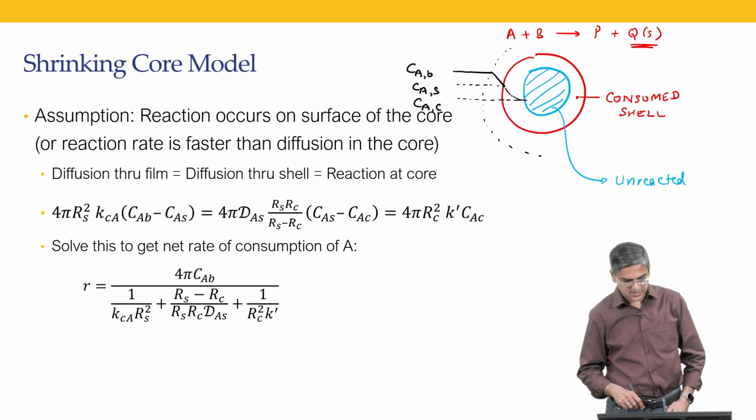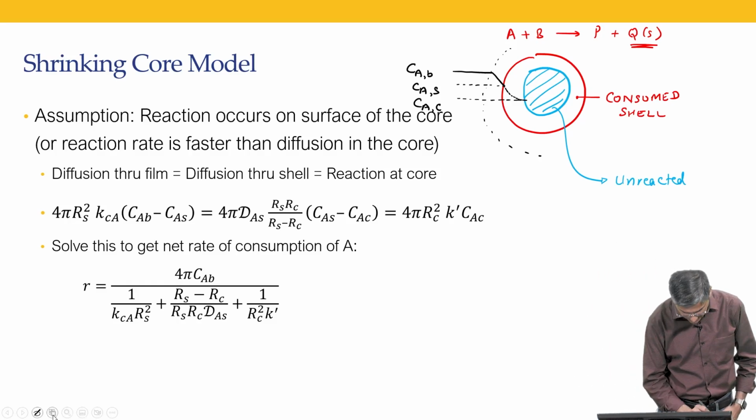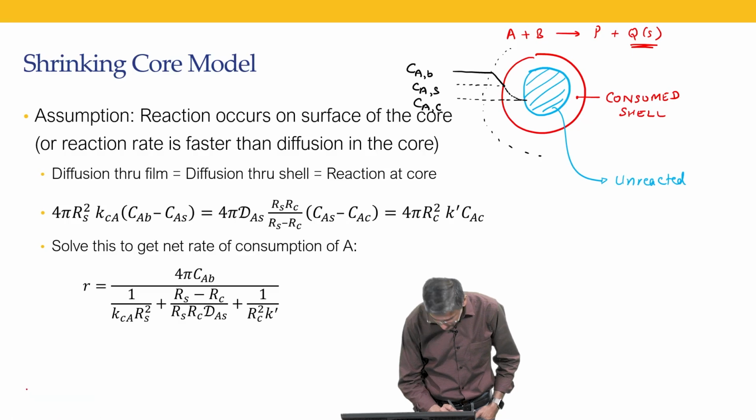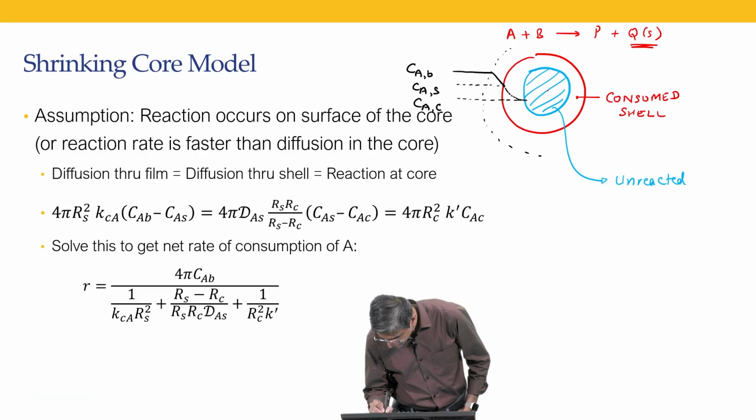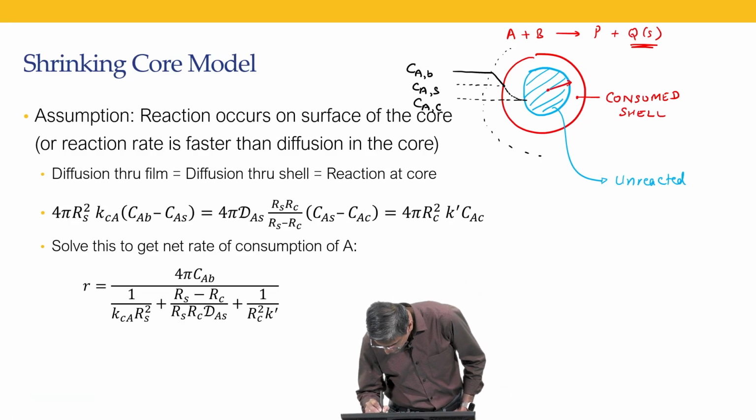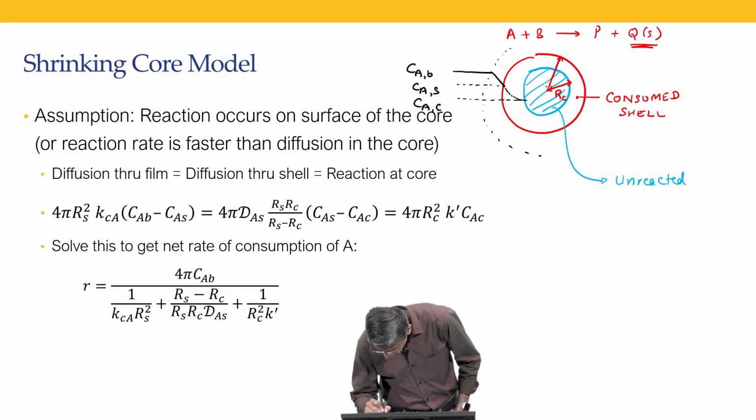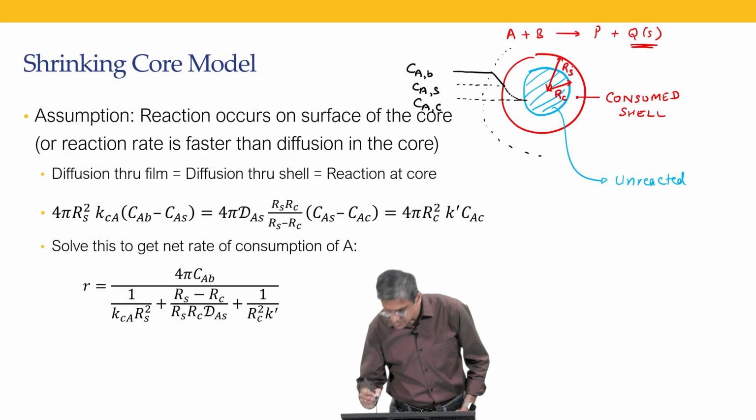Earlier I had called this as CAS2, either one is fine. Okay. This radius is RC, this radius is RS.